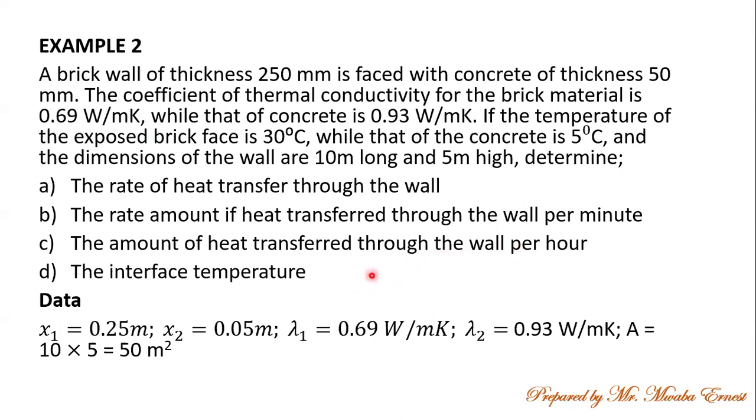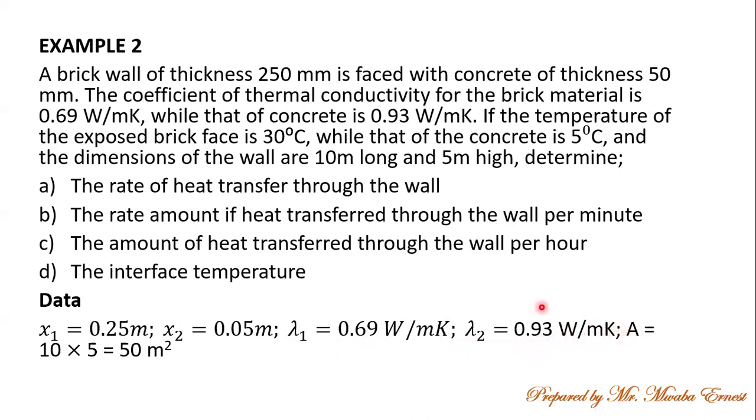Here we have two thicknesses. Thickness number one is 0.25 meters because it's 250 millimeters. X2 is 50 millimeters, which is 50 divided by 1000, which is 0.05 meters. Lambda 1 is 0.69 watts per meter Kelvin. Lambda 2 is 0.93 watts per meter Kelvin.